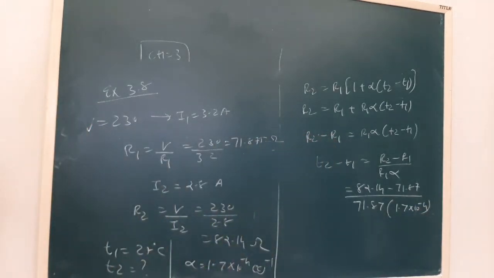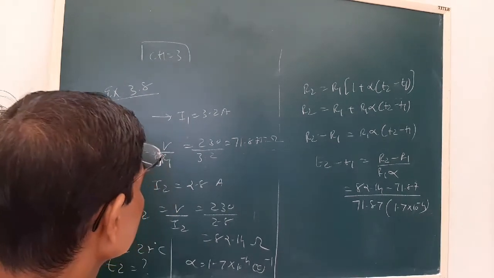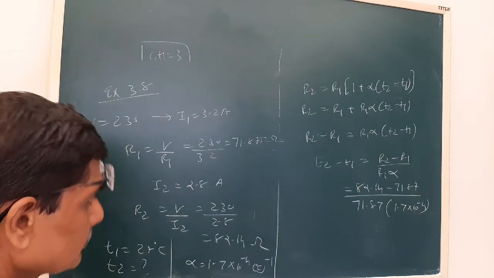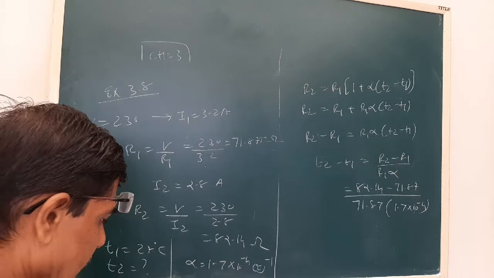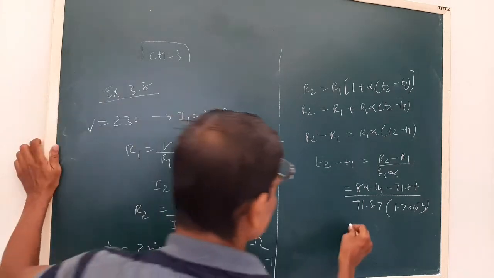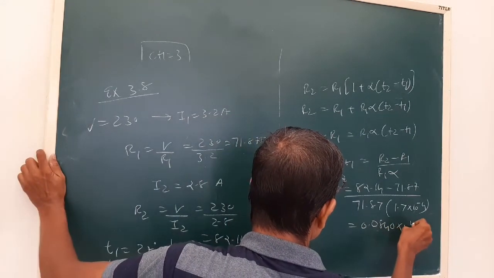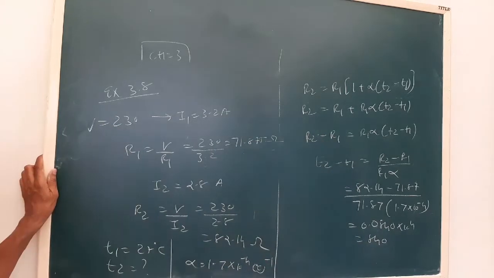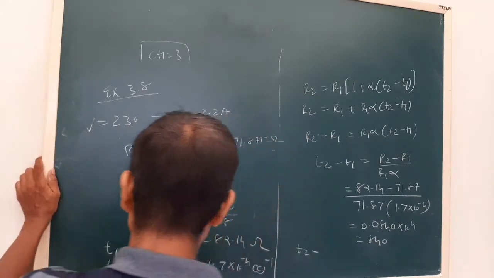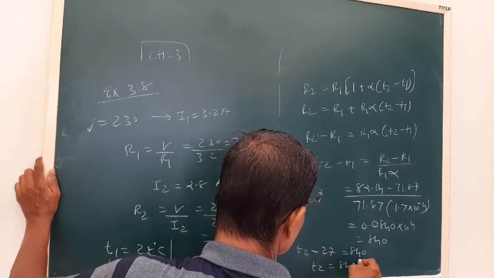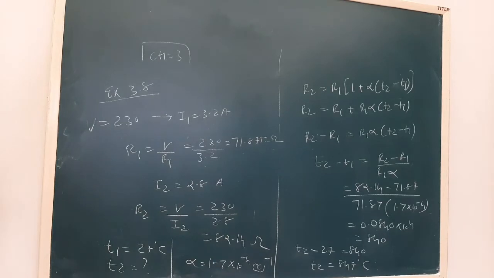Now if we solve, see what we get, 840. Now T2 minus T1, with T1 as 27. So this is how we can solve. This is nothing but exercise number 3.8.